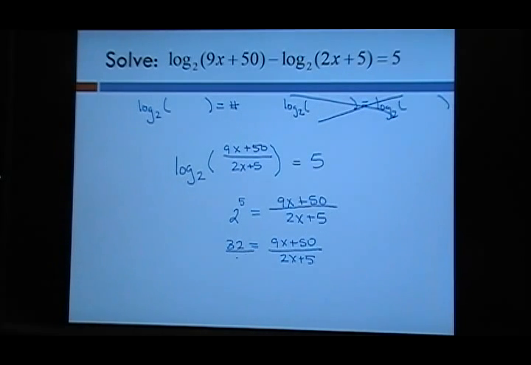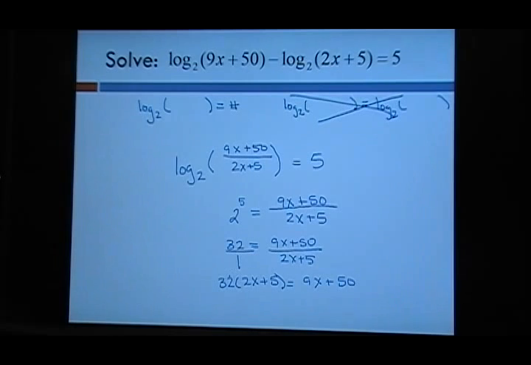I could put the left-hand side over 1, and so now that I've got a fraction equal to a fraction, I can cross multiply to solve. So I have 32 times the quantity 2x plus 5 equals 1 times the quantity 9x plus 50, and multiplying 1 by anything just gives us what we have.